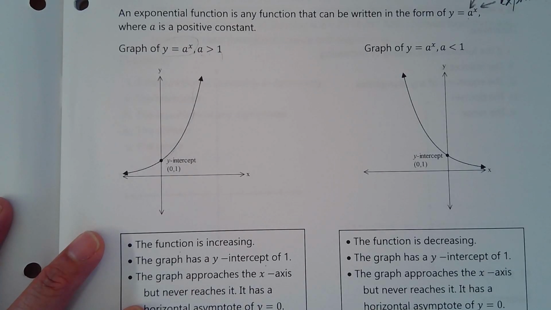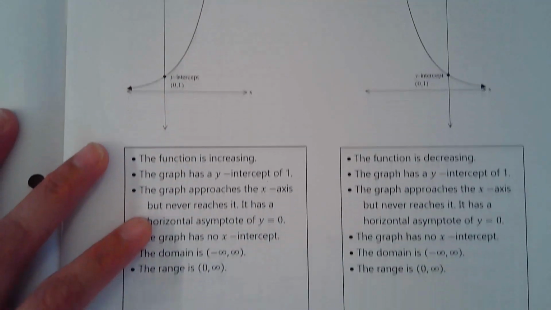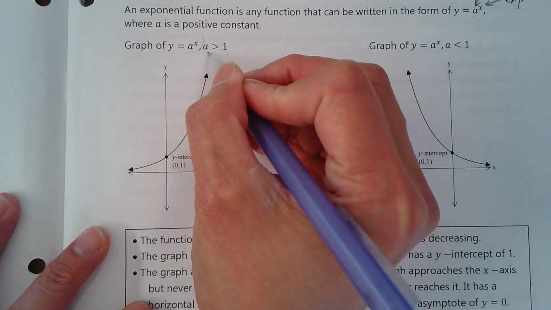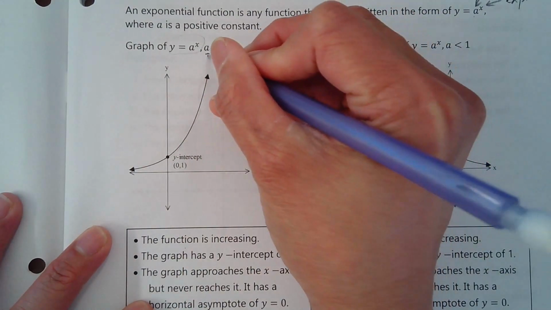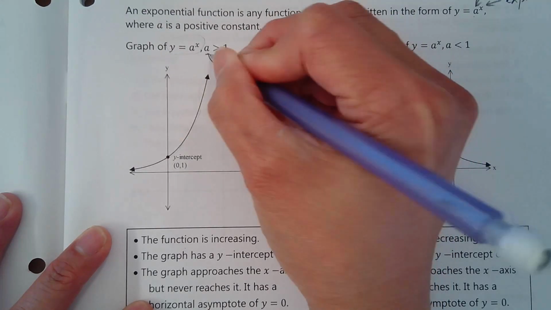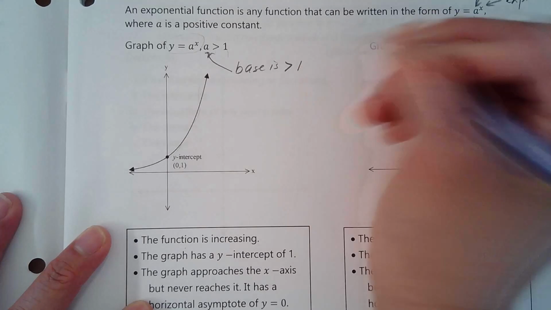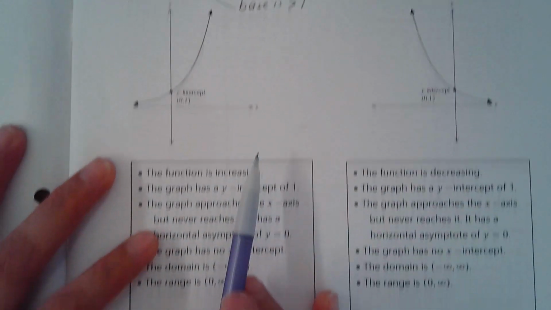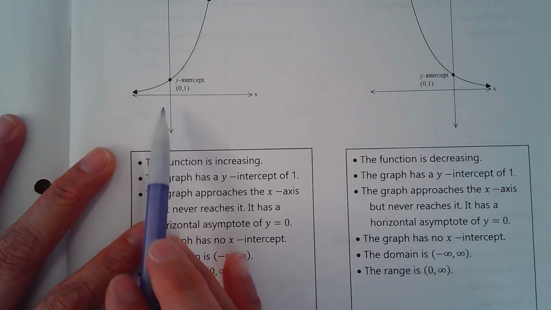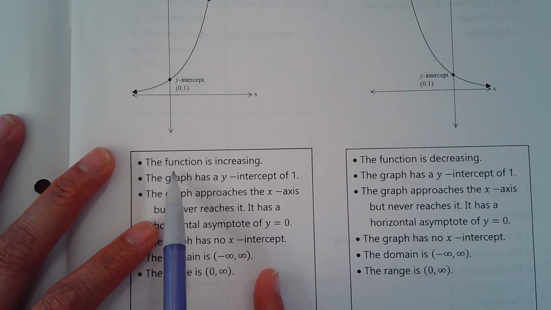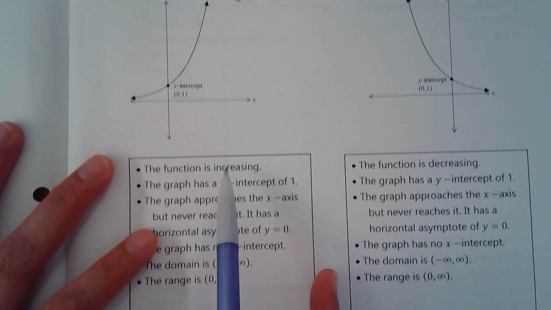Okay, so what are the characteristics of that? Just looking at this one here, if the base is greater than 1, an exponential function with the base greater than 1 is going to be increasing.